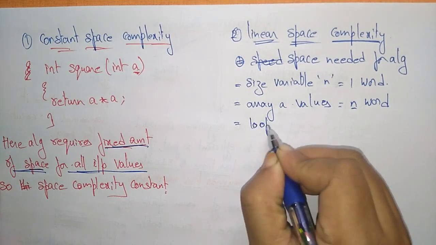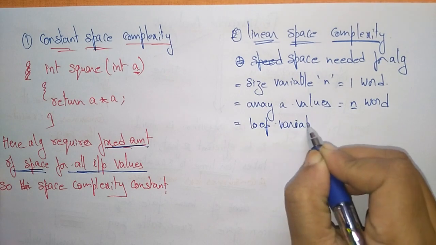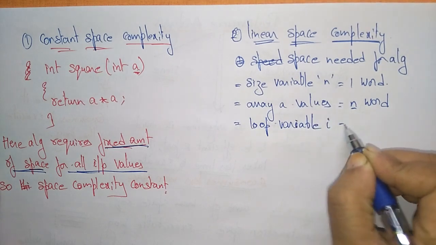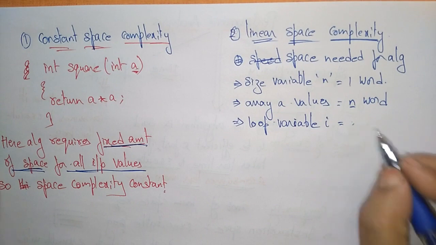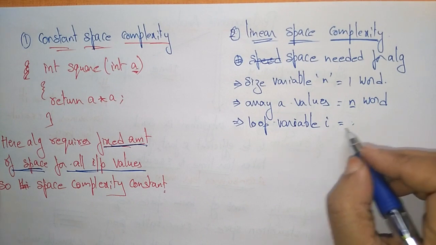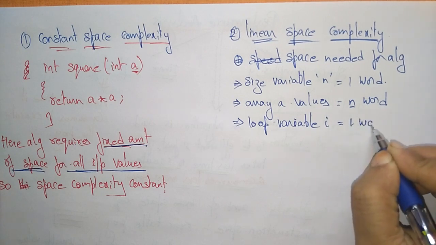Next, if you have a loop variable, suppose the loop variable i, the memory used to store that loop variable is one word.